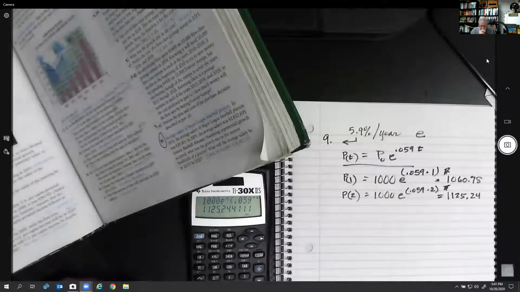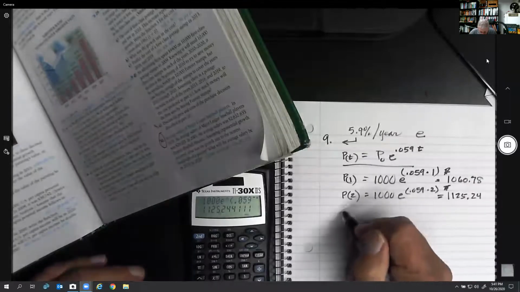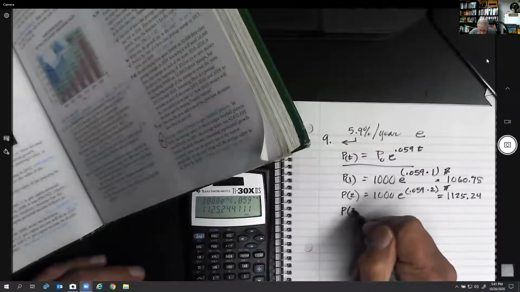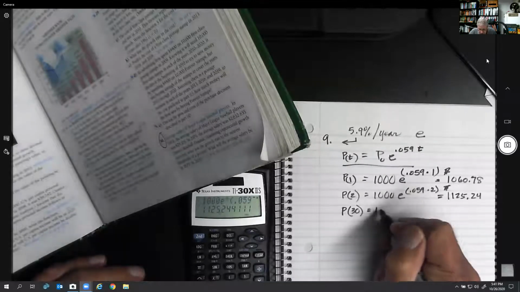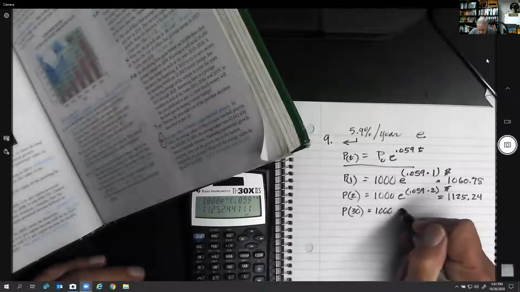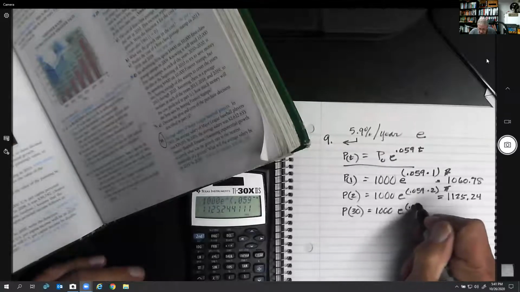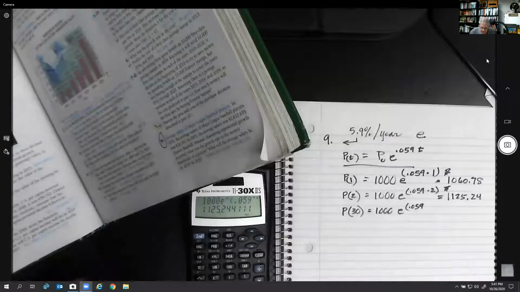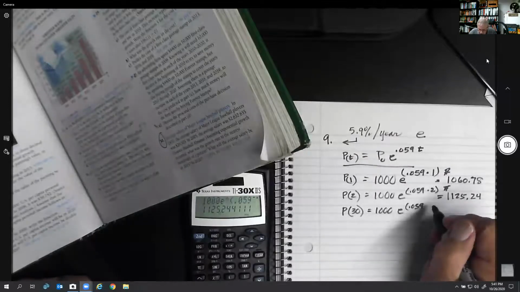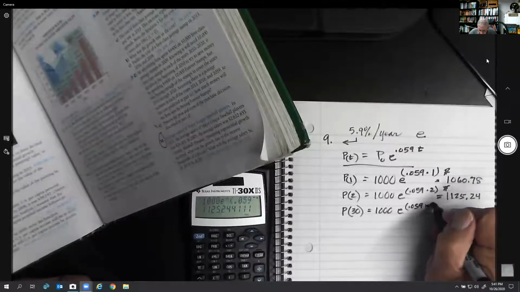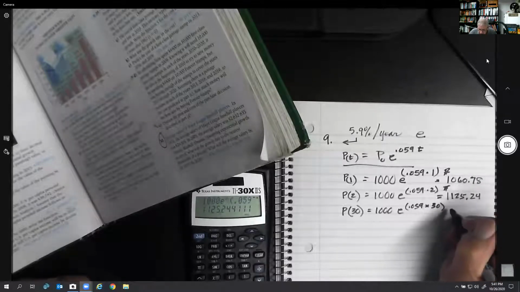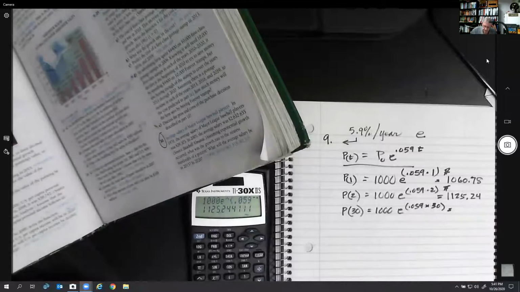Based on an initial investment, we could do this for 30 years. Let's say you wanted to find out how much you got coming back after 30 years. This would be 1,000 E. It's continually going to pay the same interest. And this interest is compounded every second. That's what's going on here. Times 30, and let's see what happens.